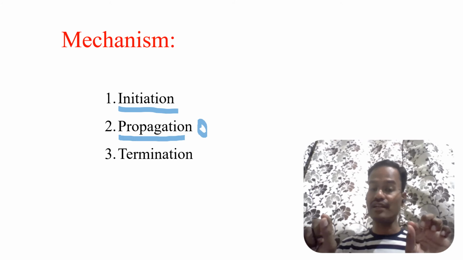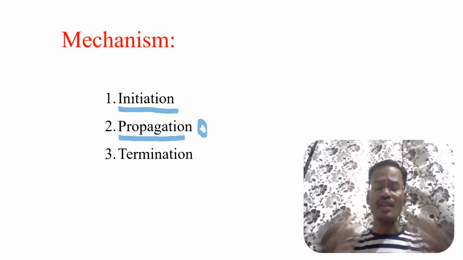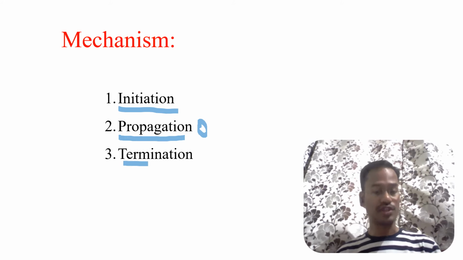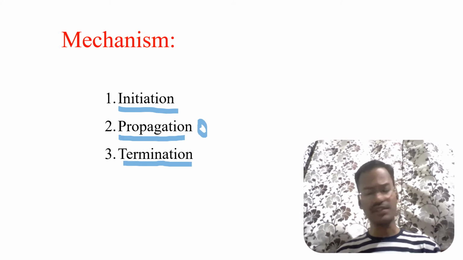That is the reason why it is called propagation, and that is why it is called a free radical chain reaction. Hope you can understand now. And the third step is termination. So let us try to see them in detail.